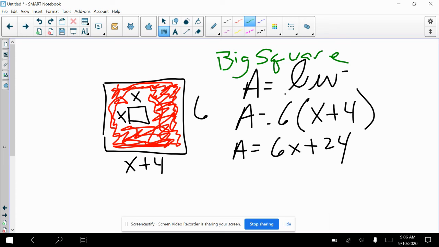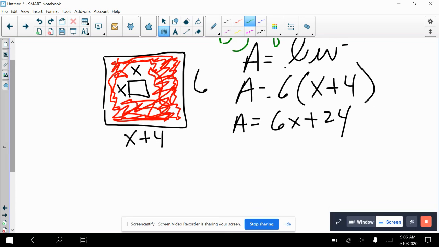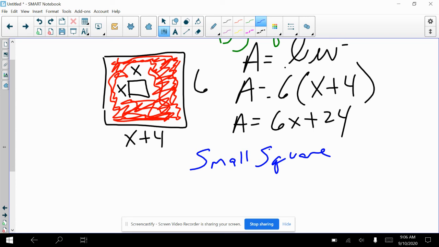Okay, now what do we do for the smaller square? If we're trying to find the red, how do we find the area of the small square? Okay, so what is x times x? Anybody know?